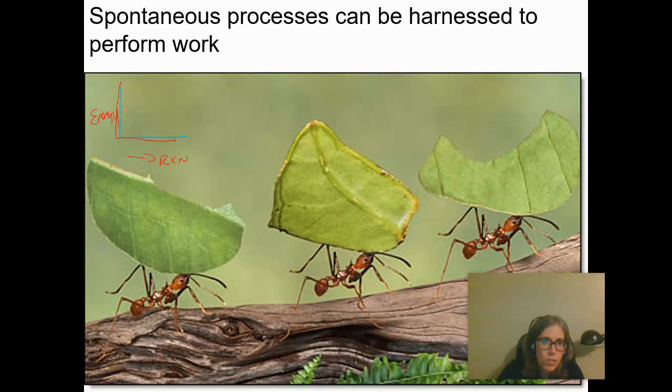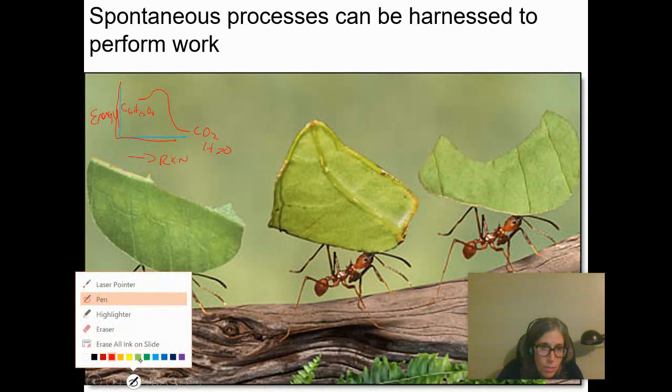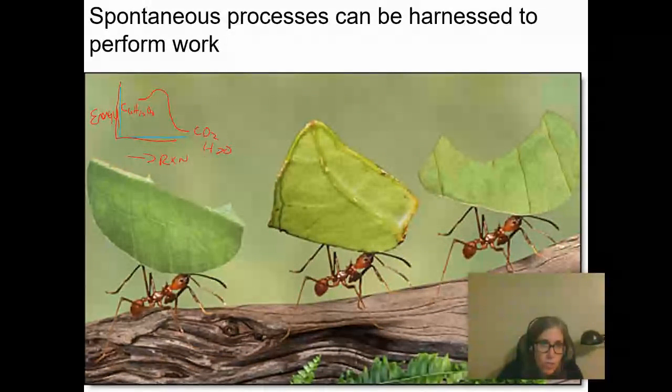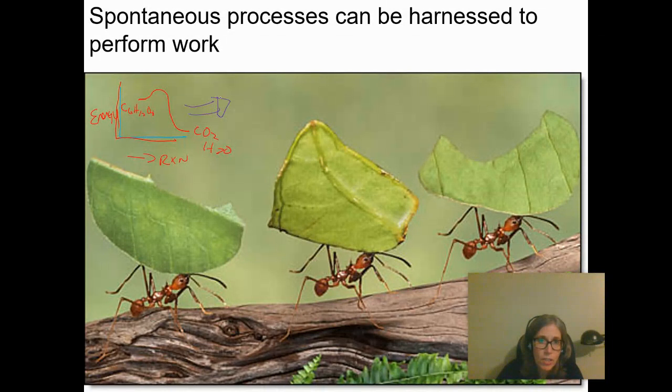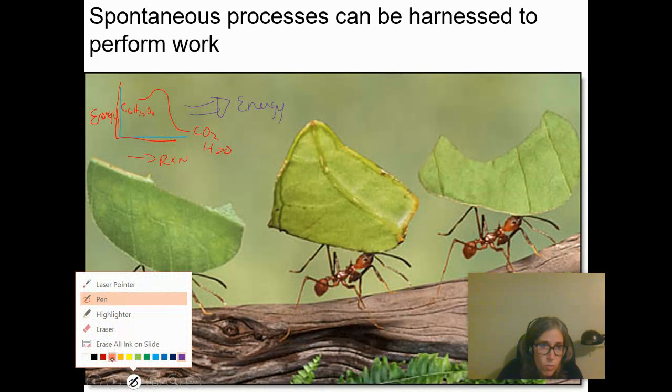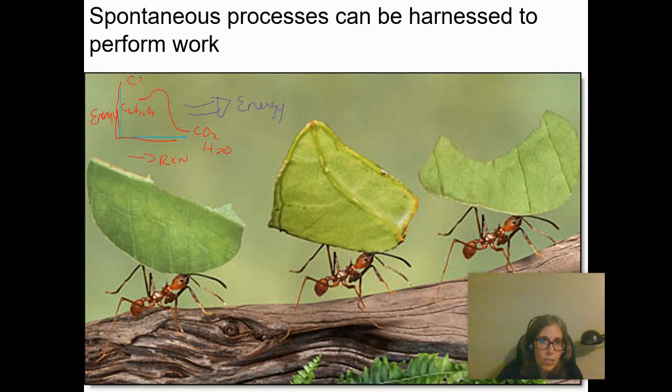And let's say you do start out with glucose. They have a lot of energy in glucose, and then it's broken down to carbon dioxide and water. Less energy. Energy is released when you do that. And so that energy, when you go from lots of energy in the reactants to not so much in the products, energy is released, right? And you can use that energy to drive another process. So this process is cellular respiration.